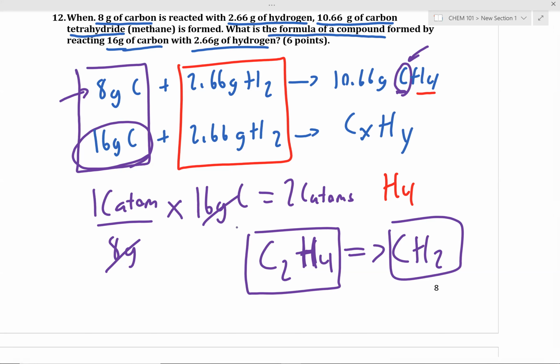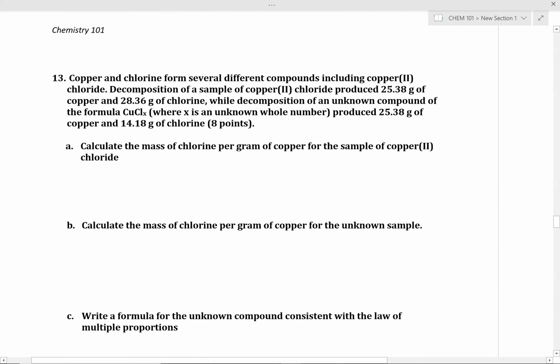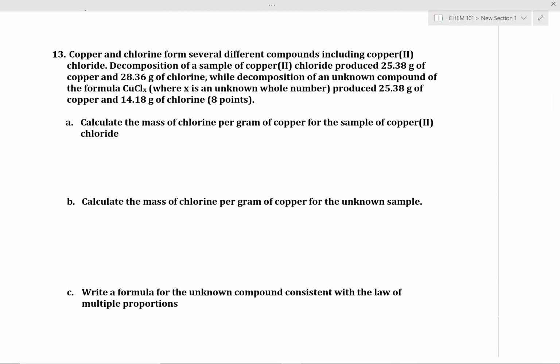Okay, let's take a look at another example of the law of multiple proportions, this time applied to composition. Copper and chlorine form many different compounds, including copper 2 chloride.